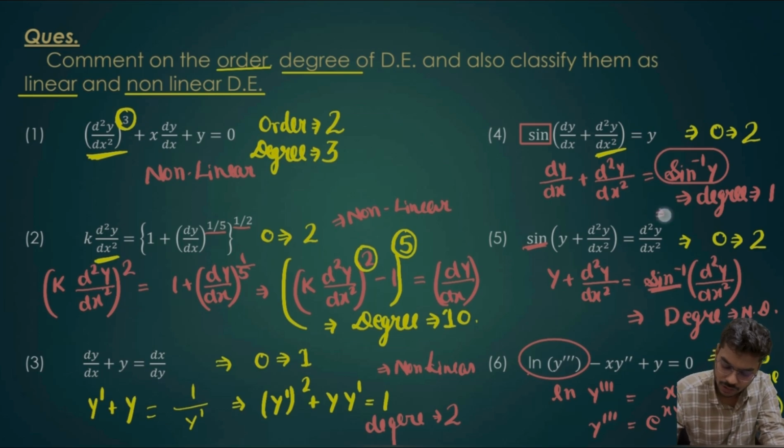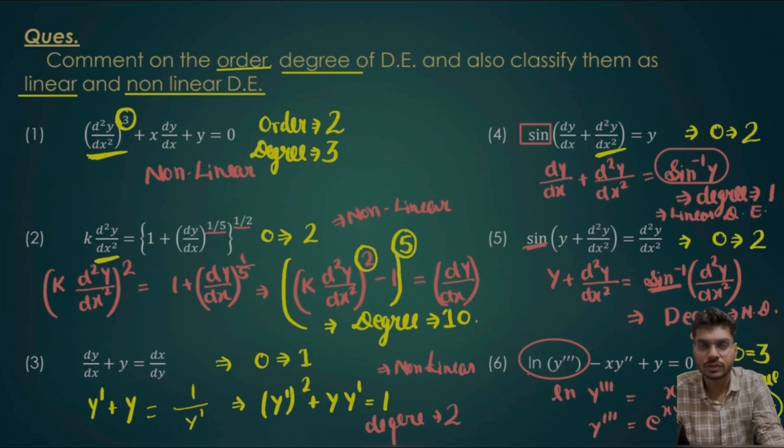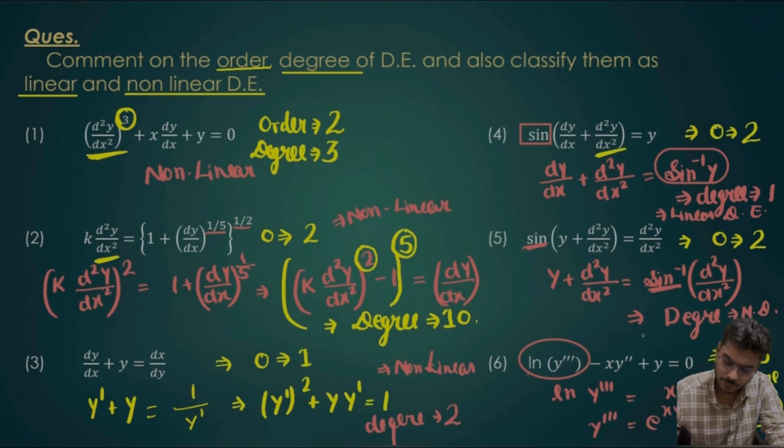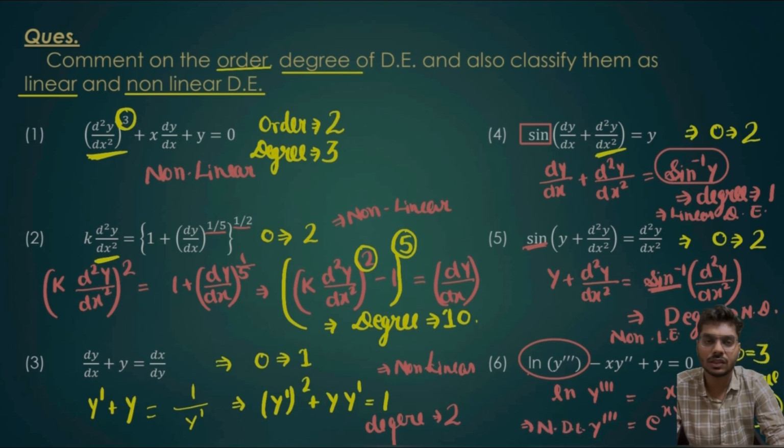The fourth one is a linear differential equation, because its degree is nothing but 1. The fifth one, of course, is non-linear, and the last one is also non-linear. So only the fourth one is linear, and the remaining are non-linear differential equations.